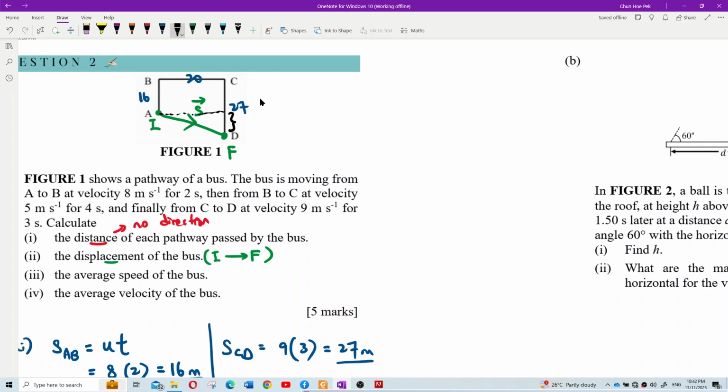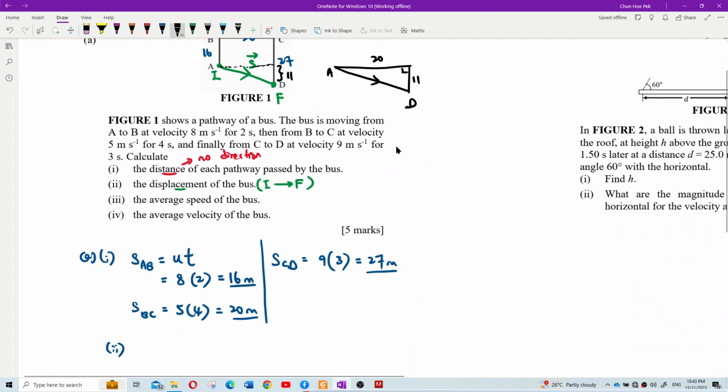So how big is this, class? This one should be 27 minus 16, that is 11, isn't it? So that means this triangle, 27, I can find AD, right? So Pythagoras theorem, I get AD already, the displacement.